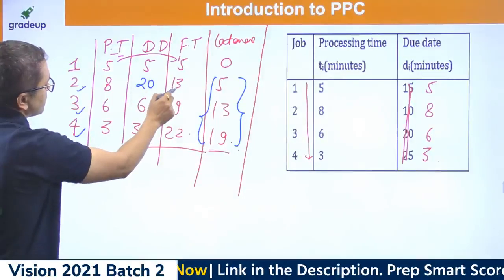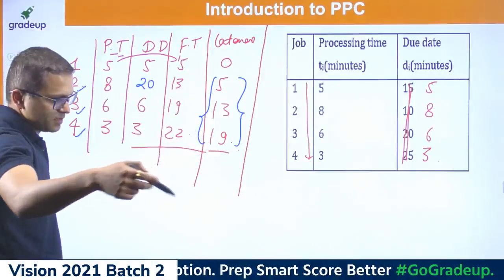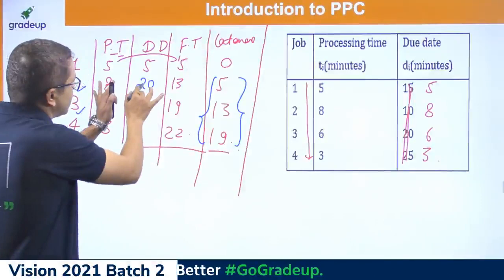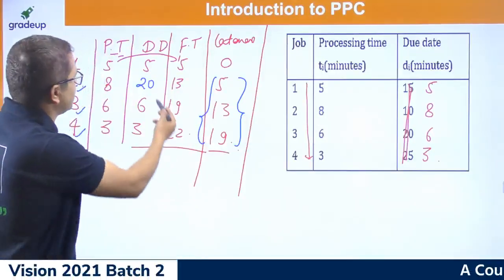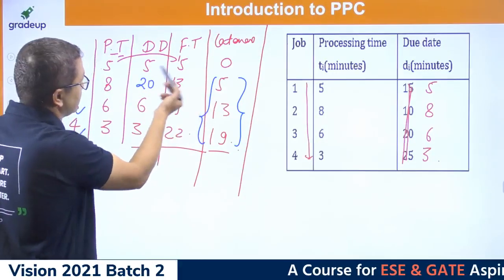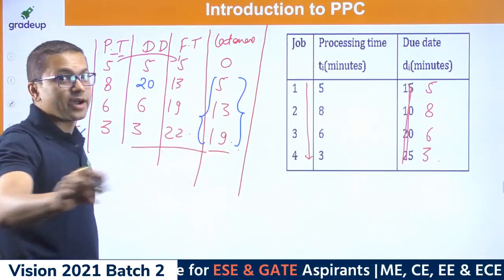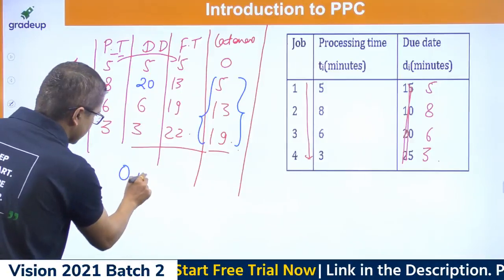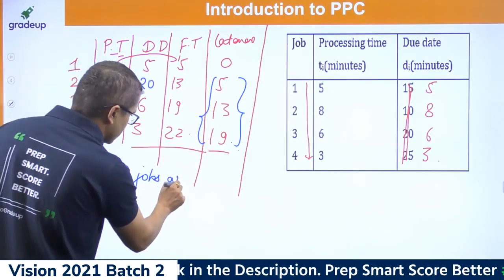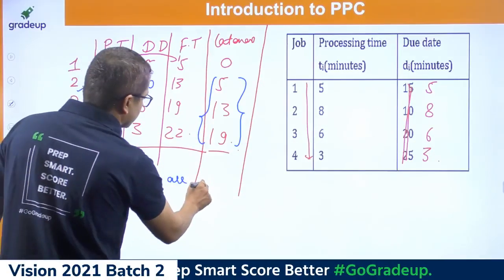What it means is you're making it after 13 days, but the planner says to give it to me after 20 days. In that case, it would have been early by 7 days. I hope that is clear. So 0 jobs are early.